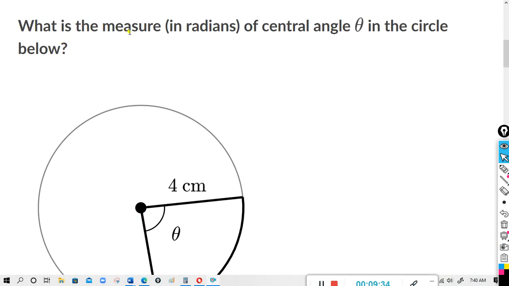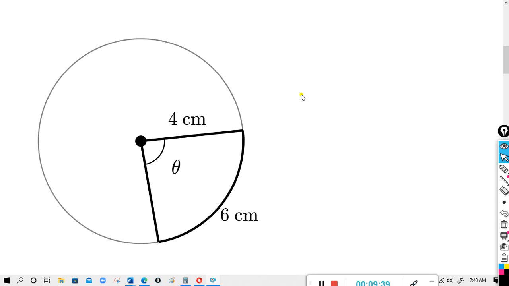All right, they want to know what is the measure in radians of the central angle theta in the circle below. Let's see. We said S equals R times theta. Okay, S is the arc length.